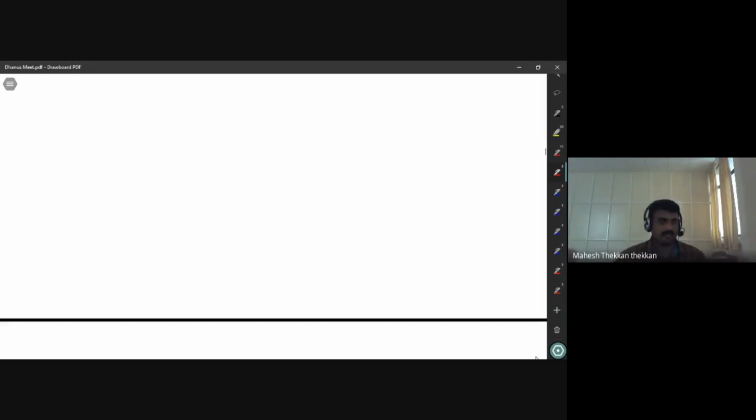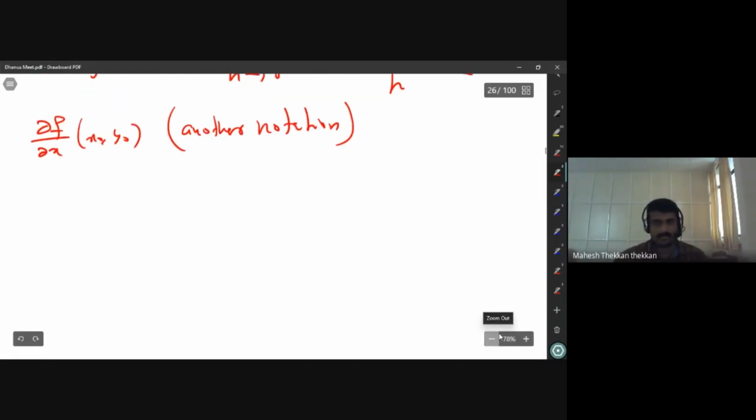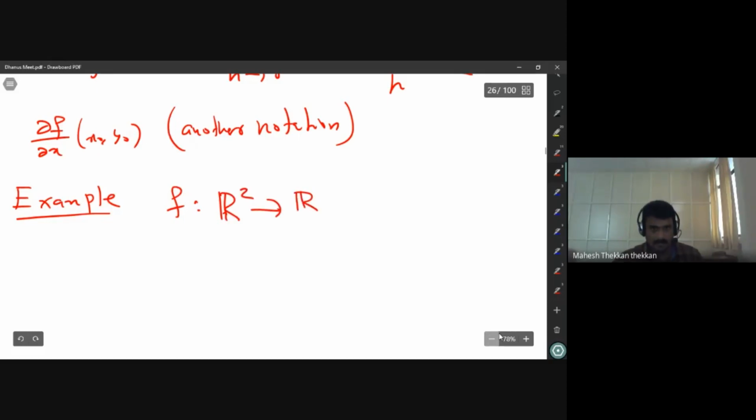I will discuss two examples. These two examples are very important. Consider f from R2 to R defined by f of x comma y equal to the square root of x squared plus y squared.